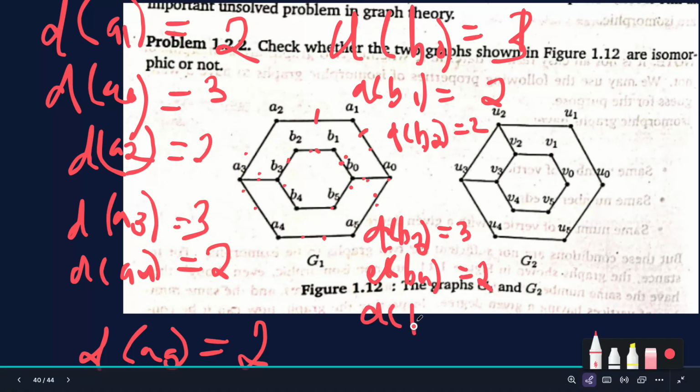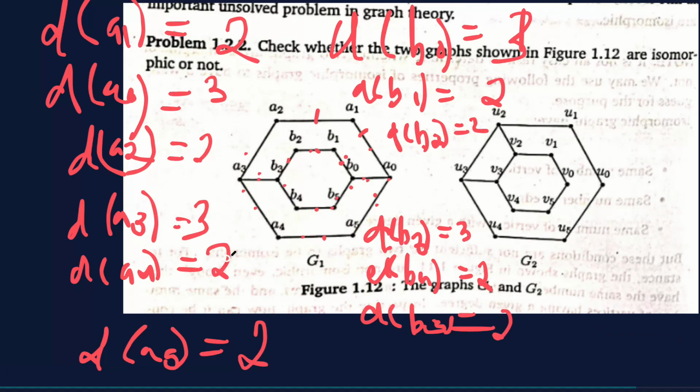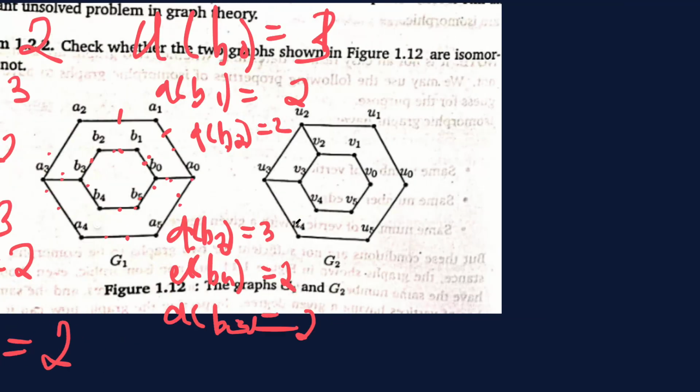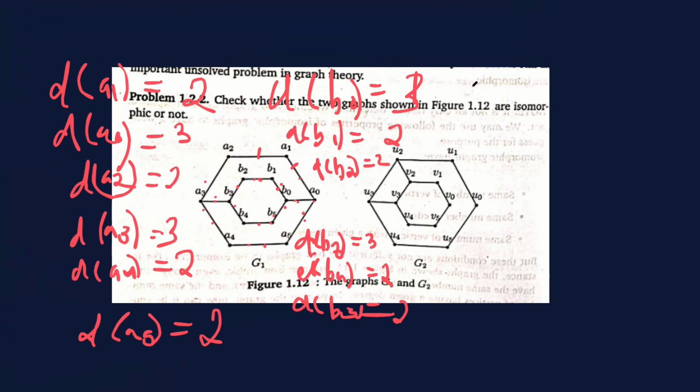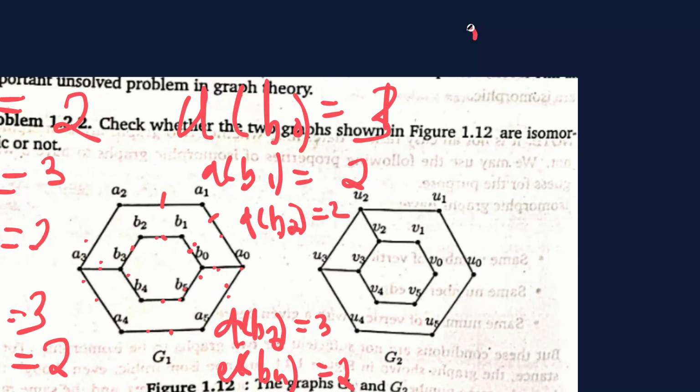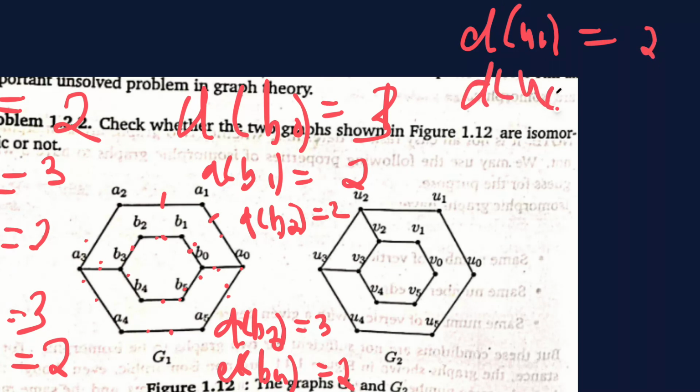Degree of B5, if you check, it is again 2. Fine. So here these are the degrees. Similarly, if you check for all of these vertices, I get degree of U1 to be 2, degree of U0 is 2, degree of U2 is 3.